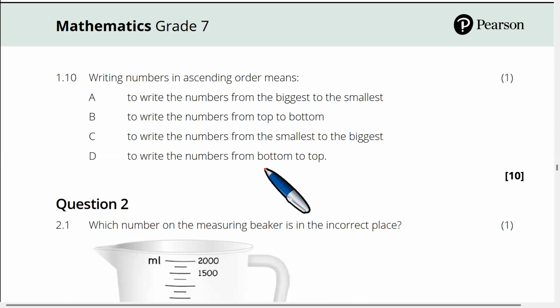Which one? C, from smallest to biggest. Well done, Lindsay. In 1.10 the option C, from smallest to biggest, means it is the ascending order or increasing order.